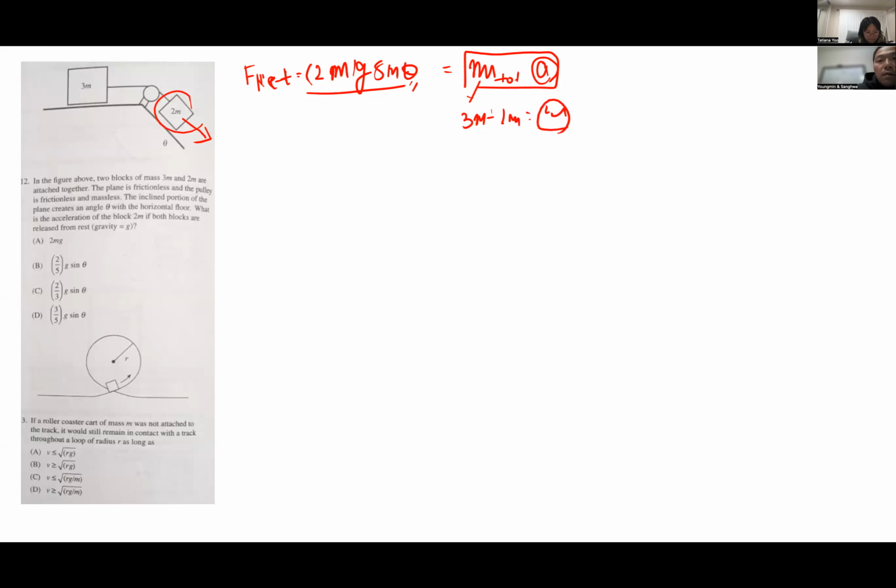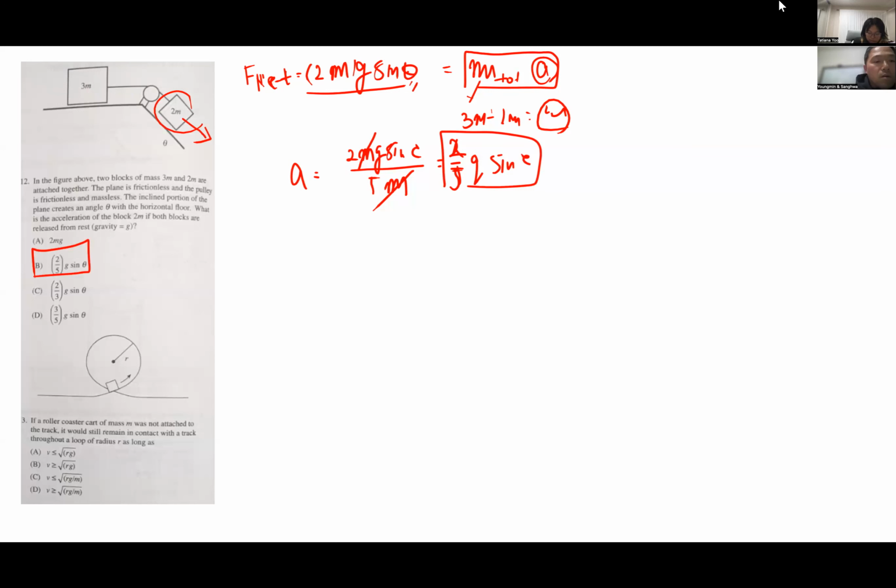So the A must be 2mg sine theta divided by 5m. The m is canceled out, so that is 2/5 g sine theta. So the answer is B.